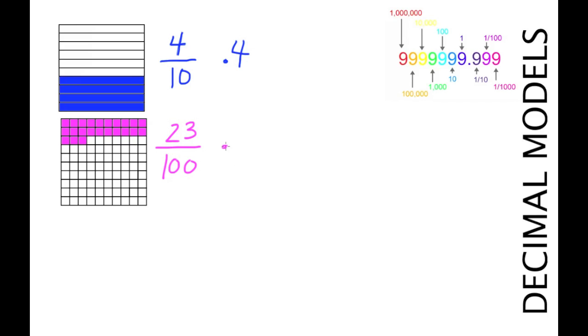As a decimal, that's written with a decimal point, 23 hundredths. Notice there's a 2 in the tenths place, and if you look at my model, or my picture, there's 2 tens filled in with 3 hundredths.